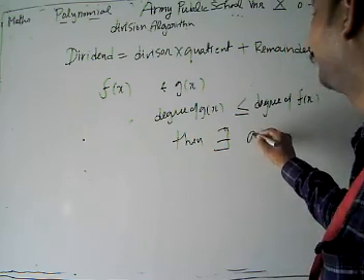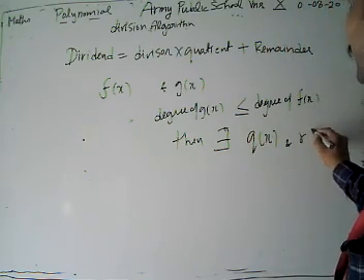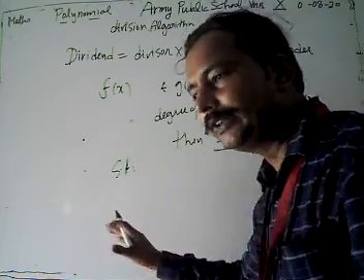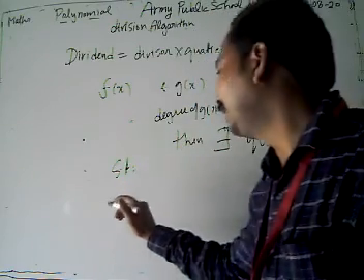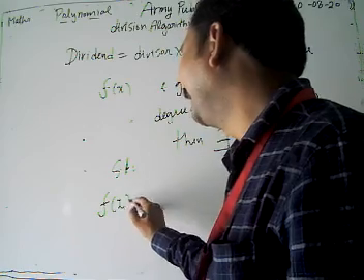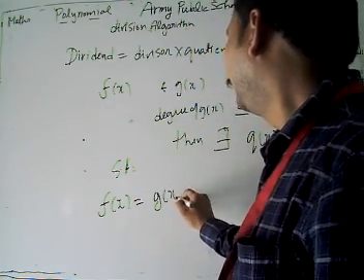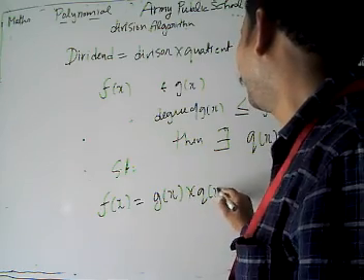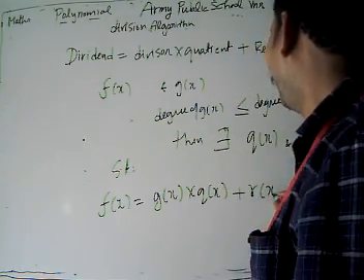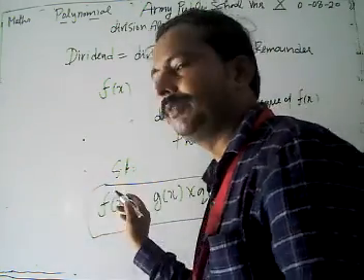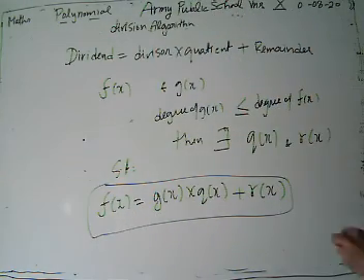Then there exist two polynomials q(x) and r(x) such that f(x) is given by g(x) into q(x) plus r(x). This is our division algorithm with respect to polynomial functions.